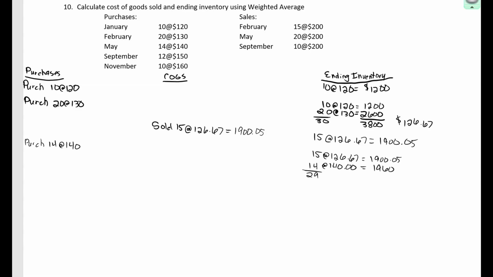We have 29 in inventory at a cost of $3,860.05. Okay, we need to get a new weighted average. Take the $3,860.05 divided by 29, and you get 133.11.